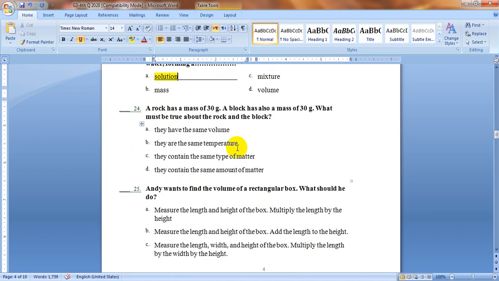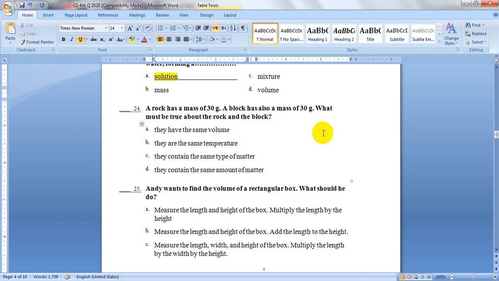The next question, 24. A rock has mass of 30 grams. A block has also a mass of 30 grams. What must be true about the rock and the block? They have the same volume. They are the same temperature. They contain the same type of matter. They contain the same amount of matter.